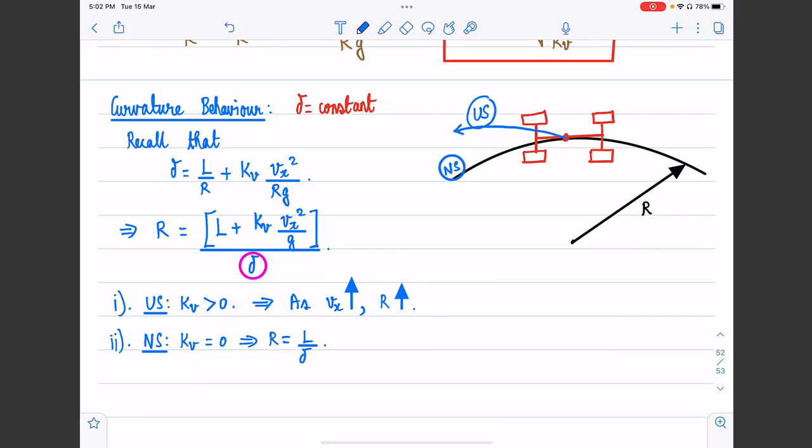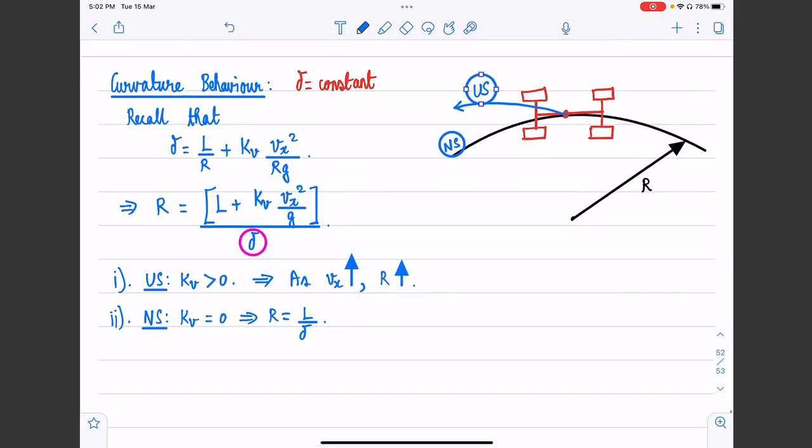Okay, so this curve corresponds to an understeer vehicle. This is the usual diagram which we would typically be exposed to, right? When we talk about these three states and consider an oversteer vehicle, where kV is less than 0, what happens is that as Vx increases, the value of R is going to drop.